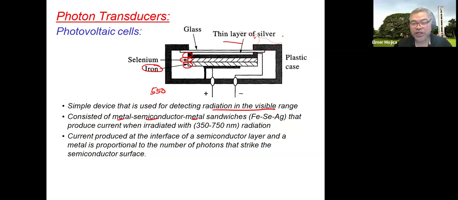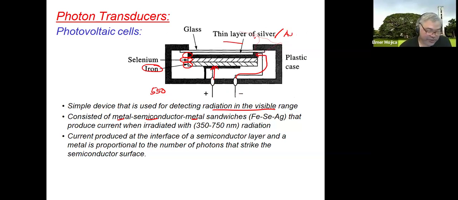And aside from silver, you can also use gold. They serve as the second or collector electrode. If you remember your analytical chemistry, these are just the electrodes that you have. I hope you see this one is on this one, and this one is on that one.